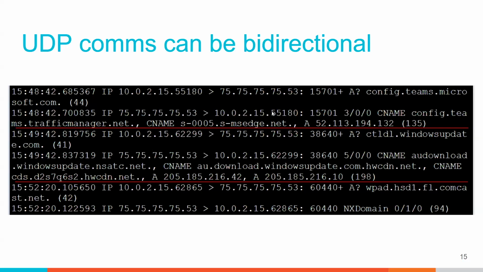And here is my response coming back. I got 3 records back, and it's telling me that is a CNAME, meaning that host name is associated with these 2 hosts as well. The A record for it is this IP address right here. So ask a question, get back an answer. UDP can be bidirectional as well at the same time.